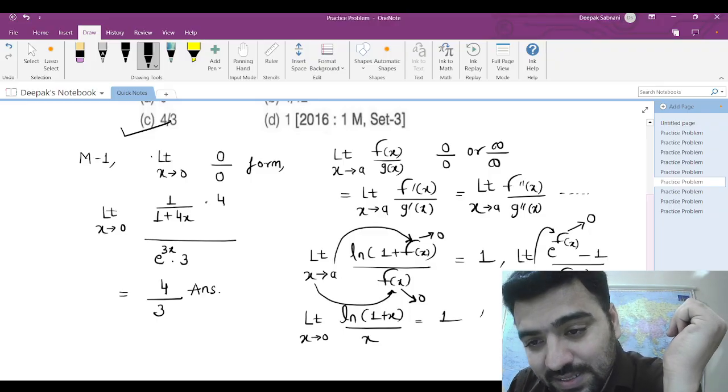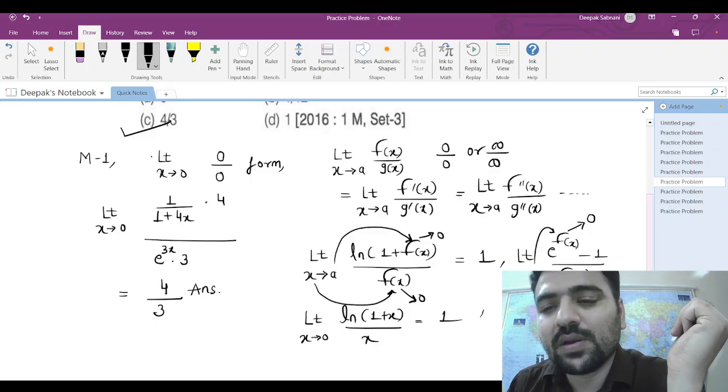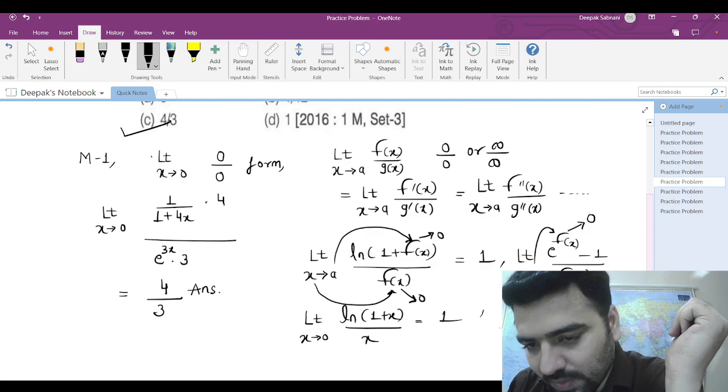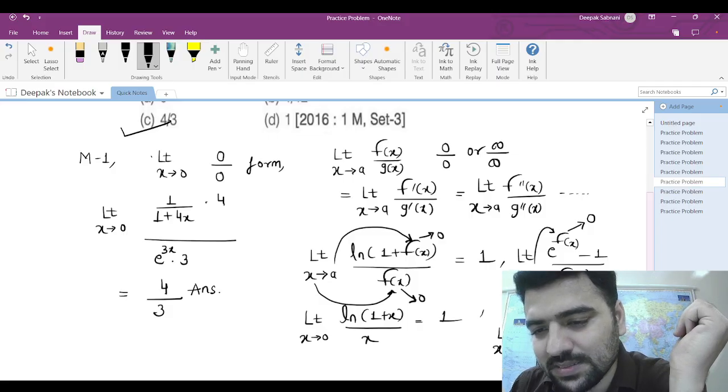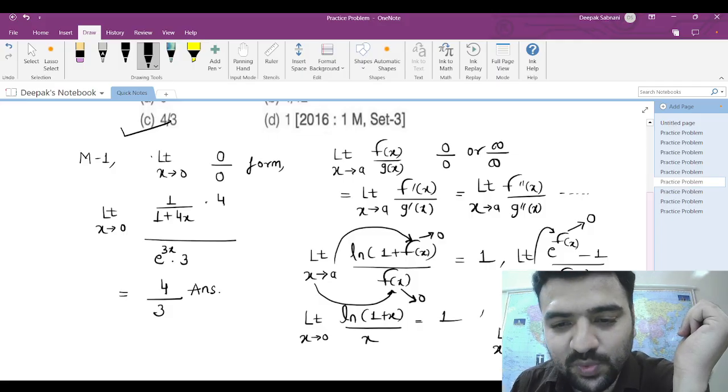If that is the condition, then again directly you can answer 1. Or limit x tends to 0 of e to the power x minus 1 by x is 1. I guess you know both these things.